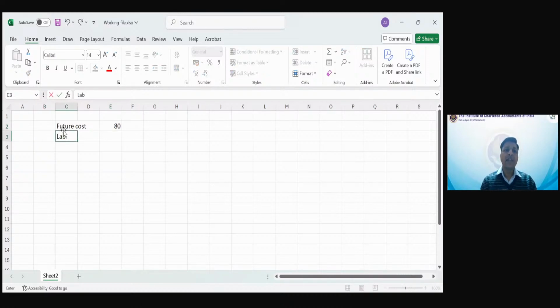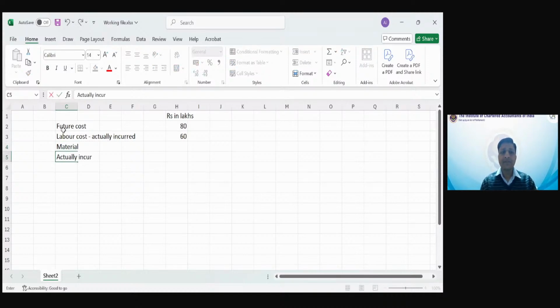Labor cost actually incurred, I understand that was 60, correct? These are rupees in lakhs. Then on the material, what did you have?